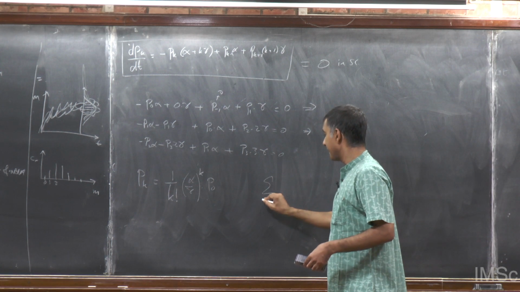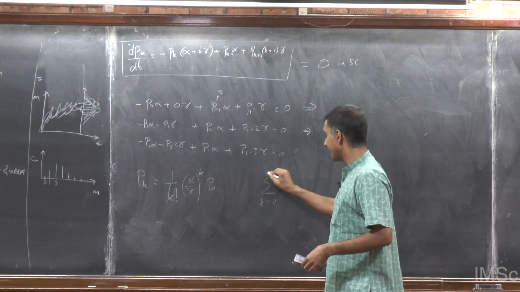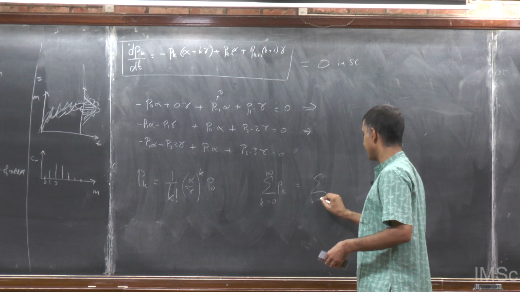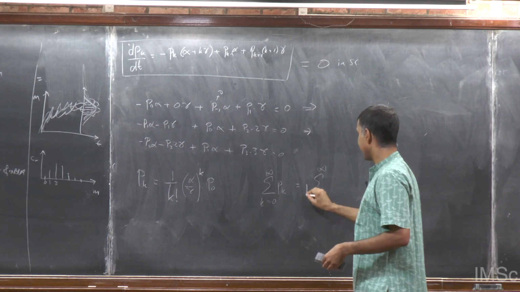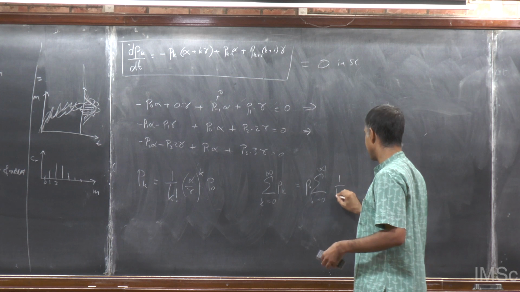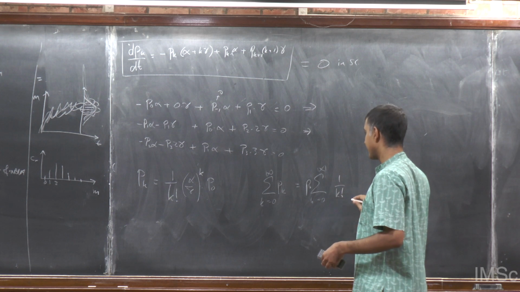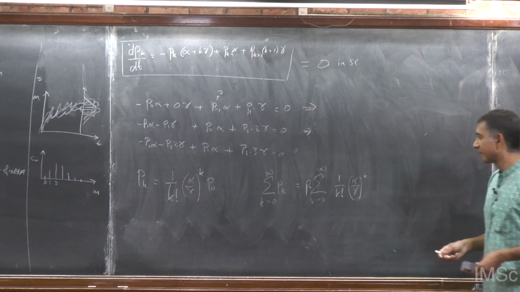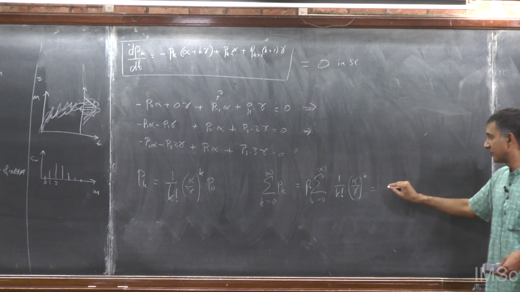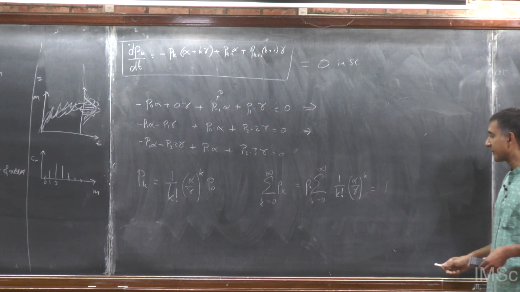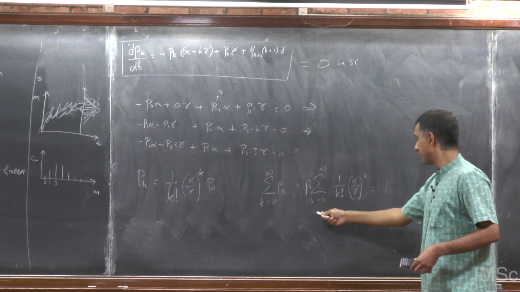The sum from k equals 0 to infinity of p sub k, which is the sum from k equals 0 to infinity of p sub 0 times 1 over k factorial times alpha over gamma to the k, is equal to 1. That's a normalized histogram. So anybody know what this is?